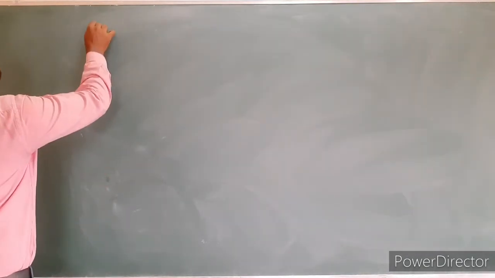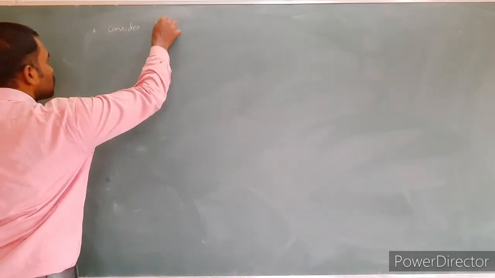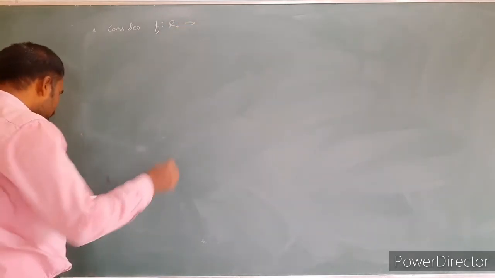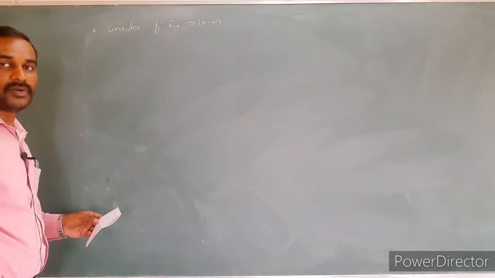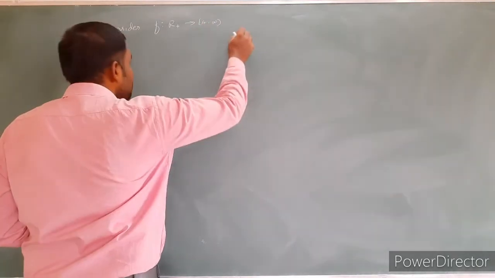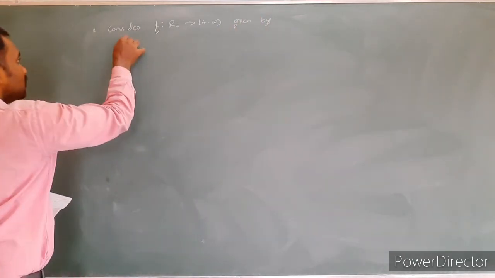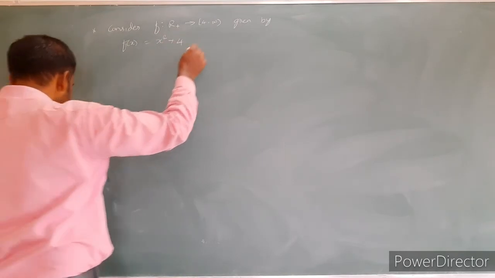Okay. Consider a very important question, most of the time repeated in the examination. Consider f is a function from R plus into the semi-closed open interval 4 comma infinity, given by f of x is equal to x square plus 4.